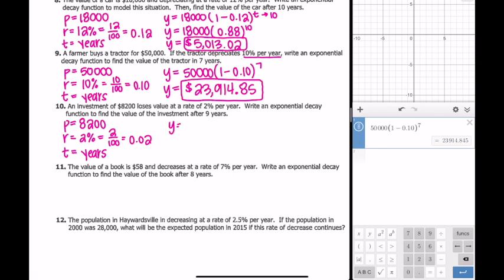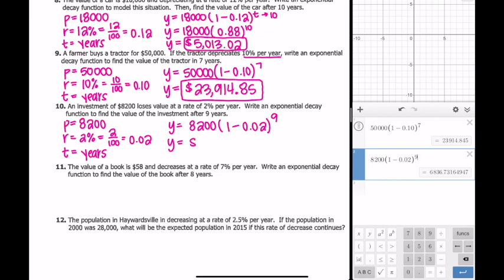So our equation, y equals the principal, 8,200, times 1 minus the rate. And we're looking for this value after 9 years. Okay, so we have 8,200 times 1 minus 0.02 raised to the power 9.